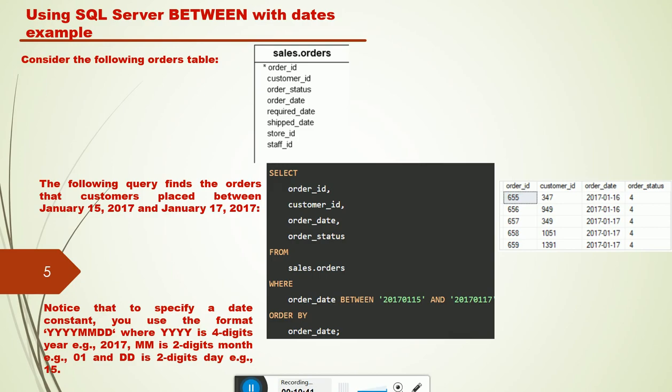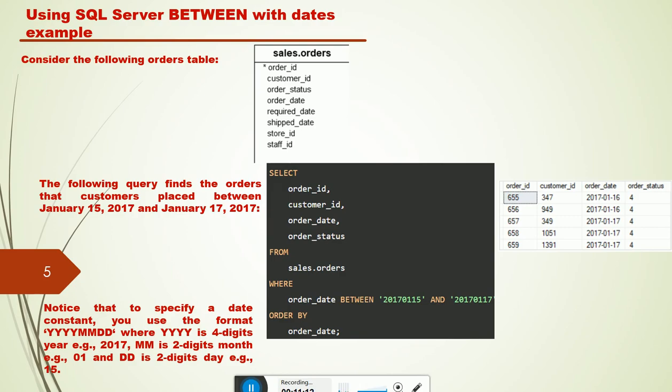Notice that to specify a date constant, you use the format YYYYMMDD, where YYYY is 4 digits for the year, for example 2017, MM is 2 digits for the month, for example 01, and DD is 2 digits for the day, for example 15.